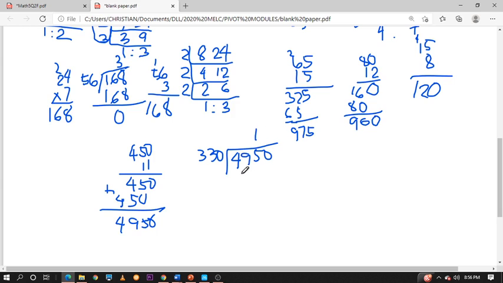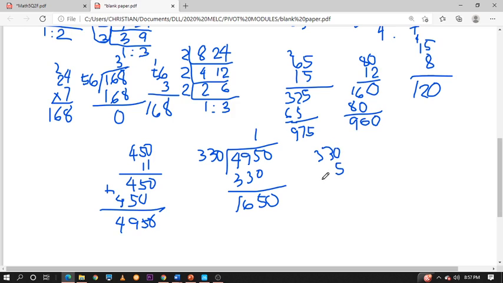Okay, so we have 1. So, ito magiging 5, 6, 1. Then, bring down 0. Okay, so I think that is 5.